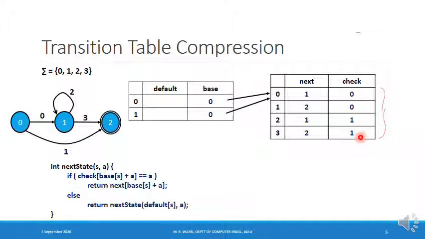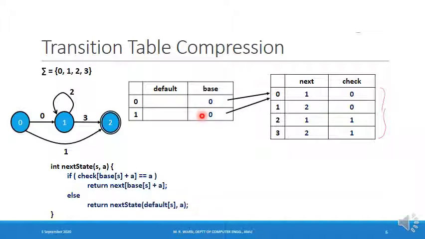So these two entries correspond to state number 1, which is why the check entry is 1 here, and the check entry is 1 here. These two transitions correspond to state number 1, and these two transitions correspond to state number 0, and the same block is assigned to state number 1 also, so the base location is once again 0.